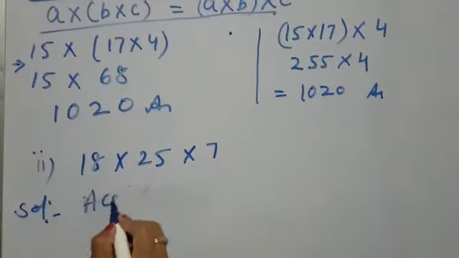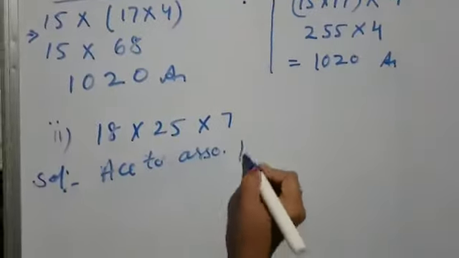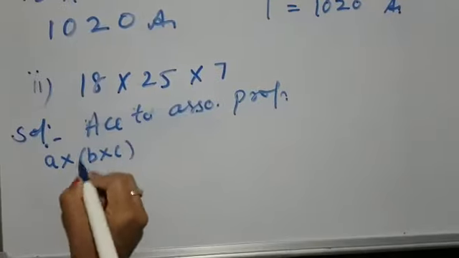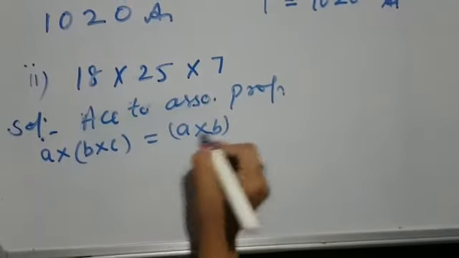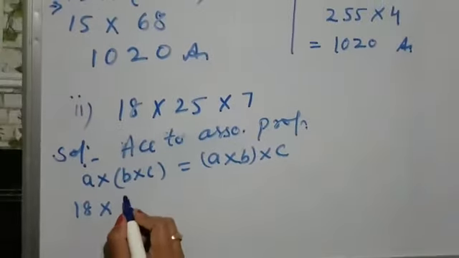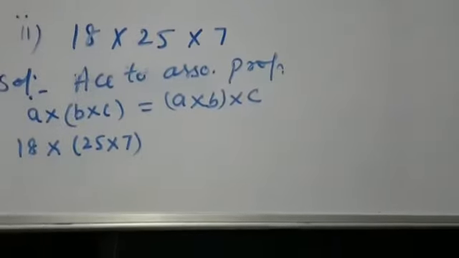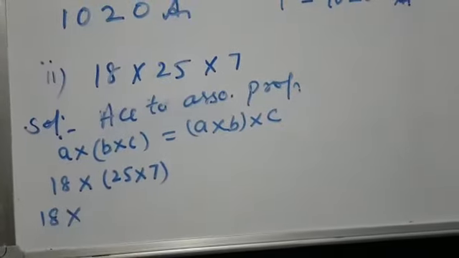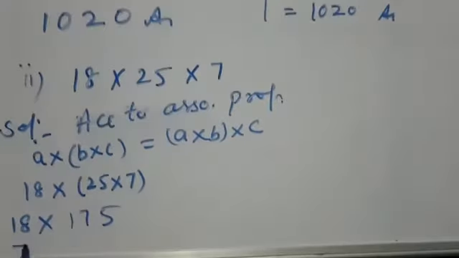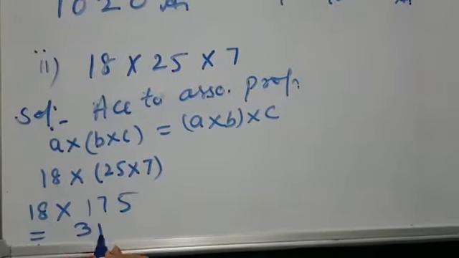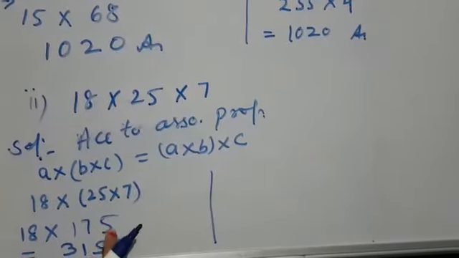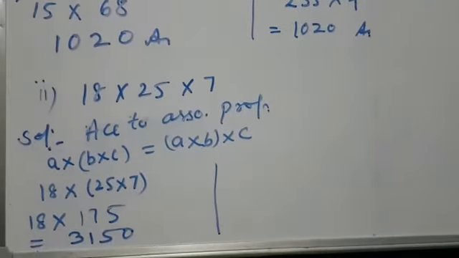According to associative property, A multiply B multiply C is equal to A multiply B in bracket, outside C. So here my A is 18, B is 25 and C is 7. So 18 into 25 into 7, when I multiply 175 by 18, I will get 3150.